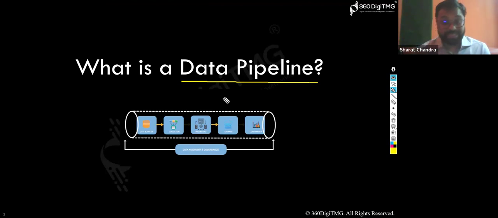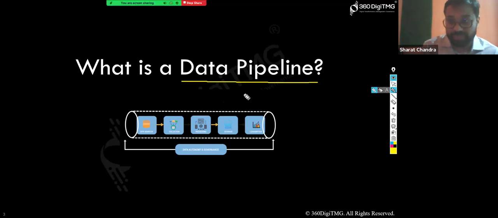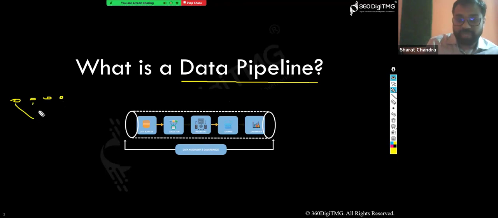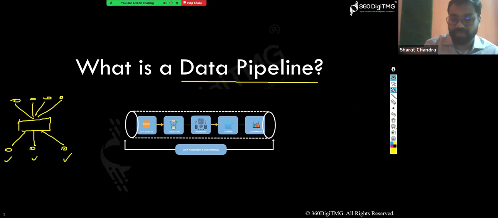This is what we call the destination. If you remember, I just explained that we will have sources of data, and from those sources we accumulate, and then we give this data to different people. So here you can have data analysts, here you can have machine learning experts, here you can have a reports team. There are many different teams consuming the data for different purposes. So this is basically what a data engineer does.